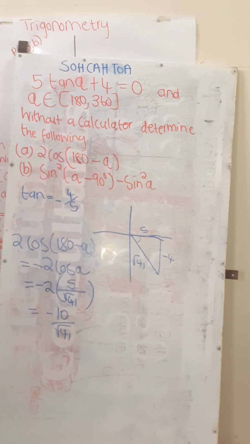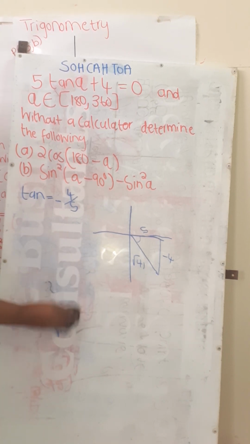Now let's go to the next one. Sine(90 minus theta) is cos. Cos(90 minus theta) is sine. So when we see sine(theta minus 90), or sine(90 minus theta), that automatically becomes cos.